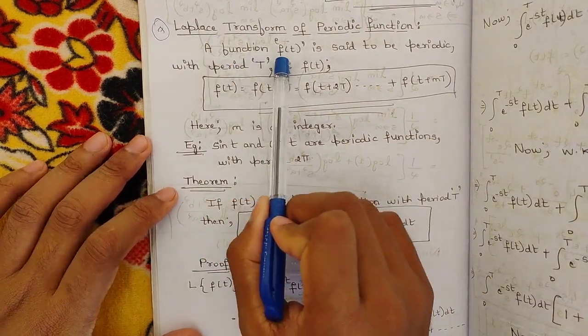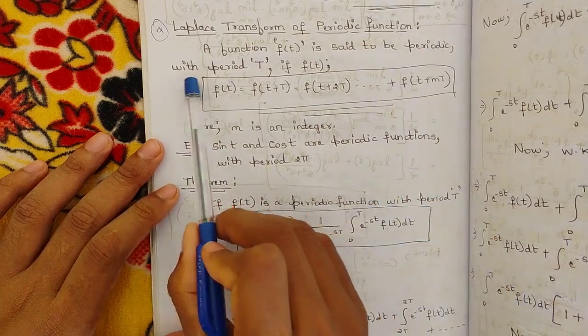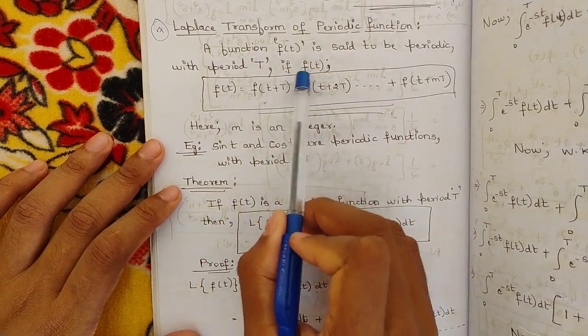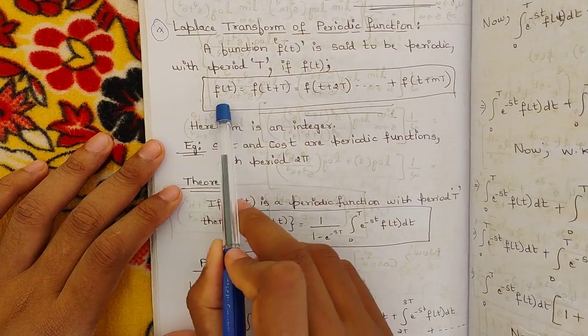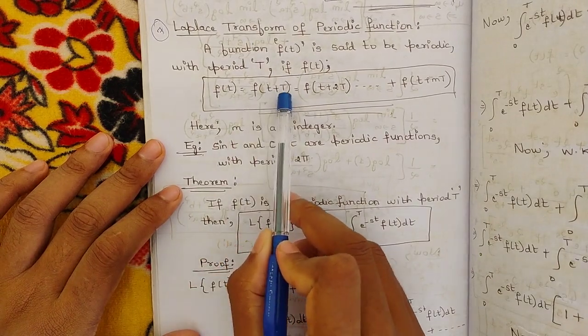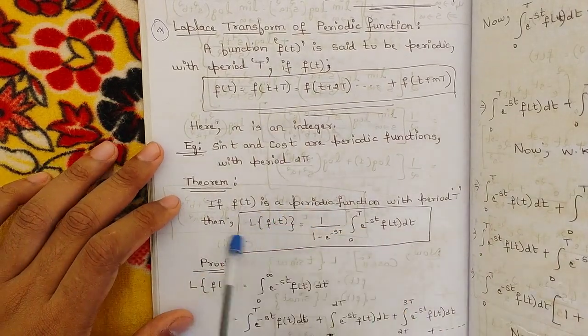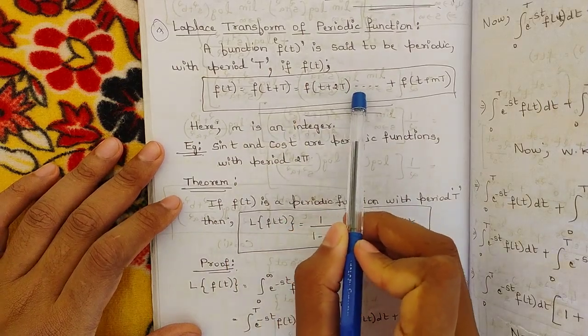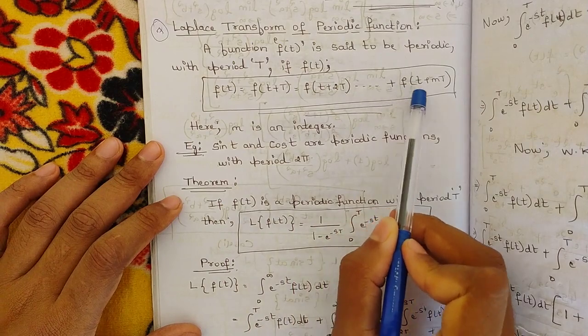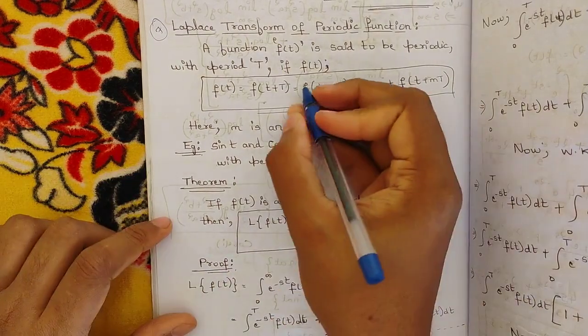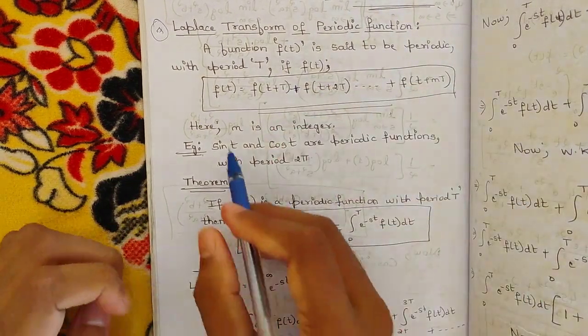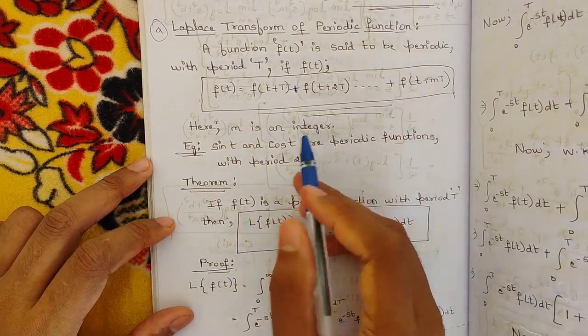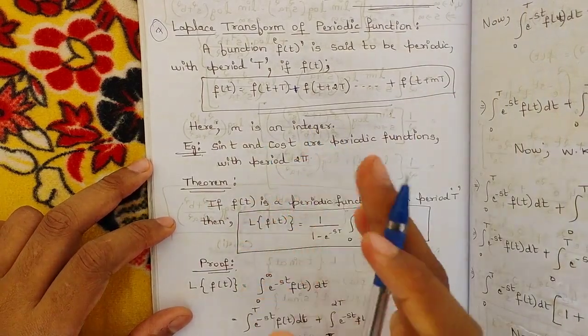A function f of t is said to be periodic with period T if f of t is given in this format, that is f of t is equal to f of t plus T, where this T represents one single time period, is equal to f of t plus 2T is equal to f of t plus 3T, and it goes on up to f of t plus nT, where n is an integer which has values from 1 to infinity.